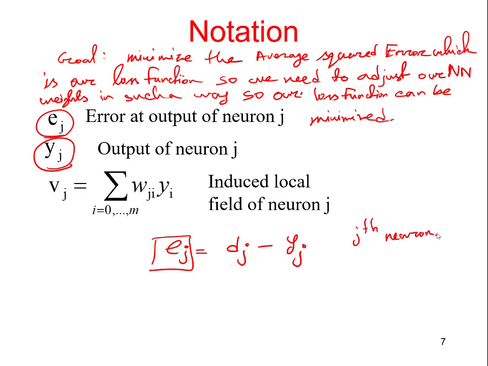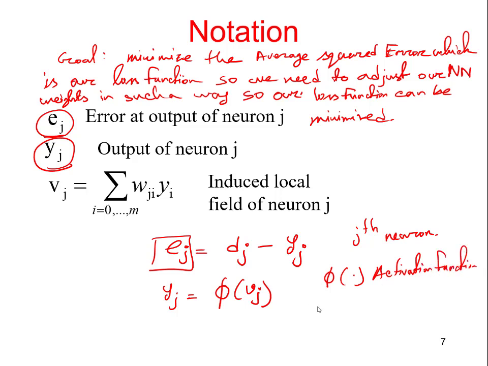And what about YJ? YJ is phi of VJ, where phi of dot is the activation function and VJ is the transfer function.